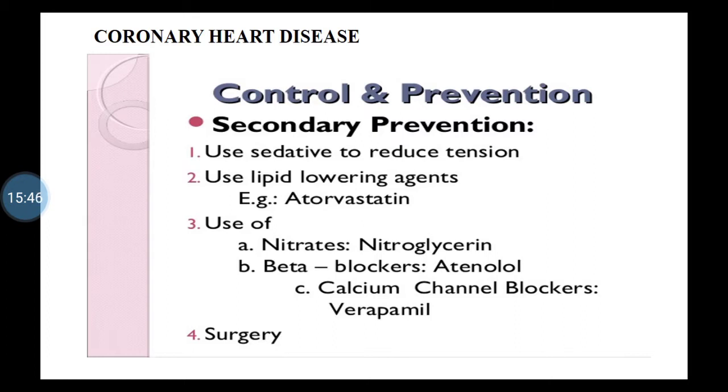Then use of nitroglycerin, which will dilate the coronary blood vessels. Then the other category of drugs are beta blockers like atenolol, calcium channel blockers like verapamil, and sometimes the person has to undergo surgery also.